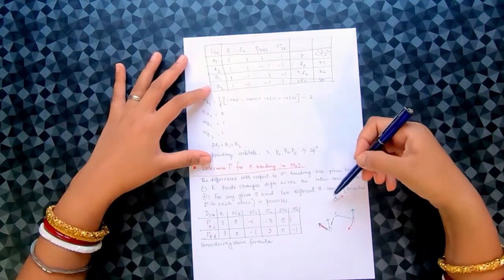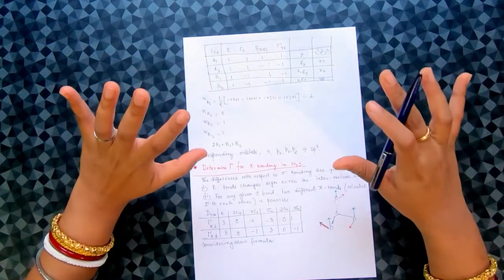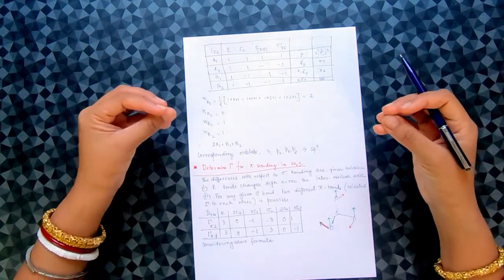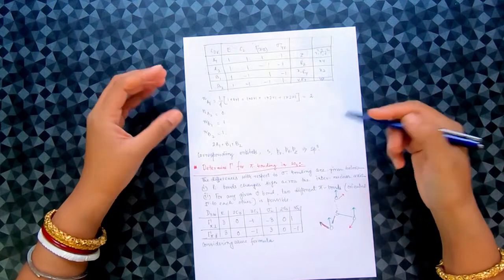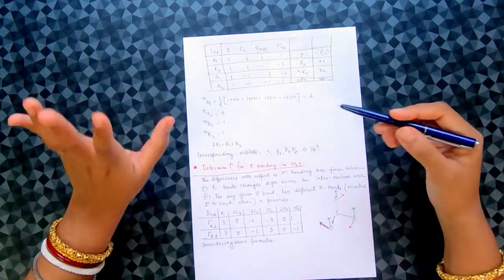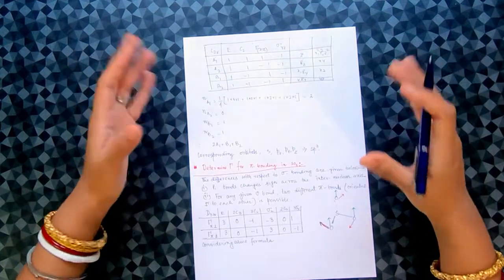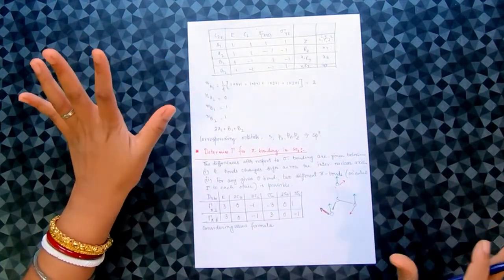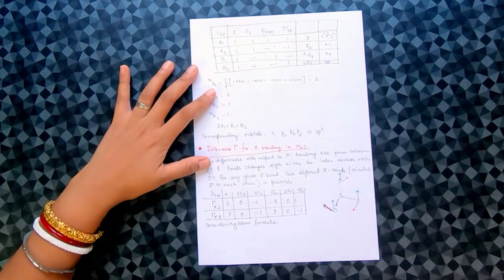So what are those orientations? The whole idea of pi bond orbital involvement we are going to discuss with respect to a particular molecule, SO3, sulfur trioxide, and check the bonding involvement of the atomic orbitals.